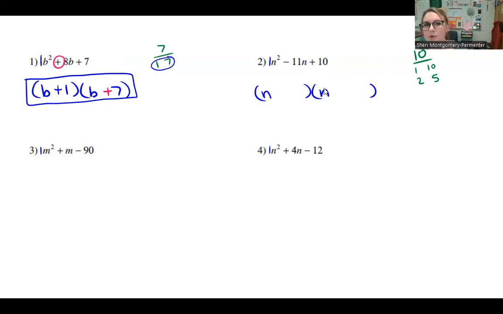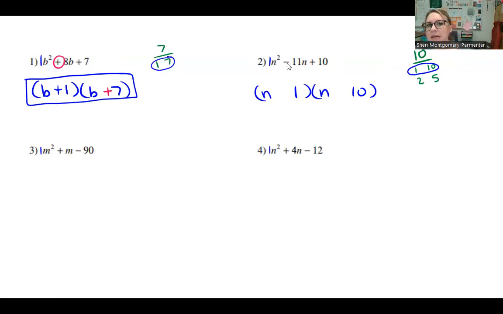Well, for the second problem, we already have our list of factors. We got to figure out which one can be put together by adding or subtracting to make 11. 1 and 10. So we're going to use 1 and 10. And we go put them in here. It really doesn't matter which one you put in there.